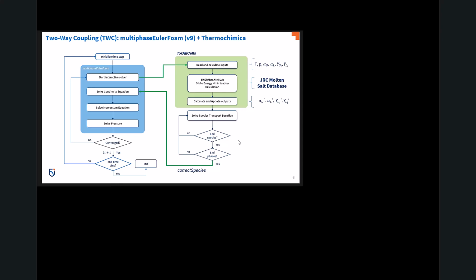So basically, I'm updating the mass fractions according to THERMOCHIMICA's outputs. If something is on the liquid side, for example UF4, THERMOCHIMICA will tell me, hey, you have some fluorine here, so you are vaporizing that UF4, and now it's not UF4 anymore, it's UF6. But you also have some UF4 remaining, so you didn't vaporize all the content.